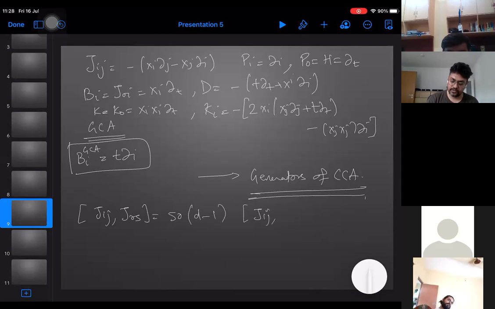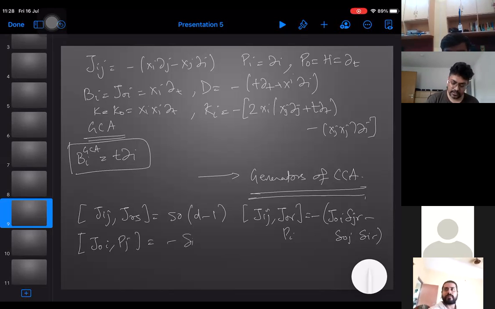Similarly, you have when your rotation acts on the boost minus J this, right? Similarly, for the PI, it also follows the same, so just replace it with the space translations. And finally, the boost with PJ is given by this, which is P naught, which is the Hamiltonian.